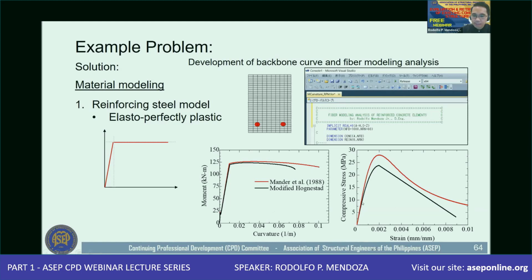And this is actually the result of the compressive stress in the beam. So you will see the difference between the two when you use a different material model. Since I consider that the Mander et al. model is more applicable, I use this model in developing the backbone curve for this beam.